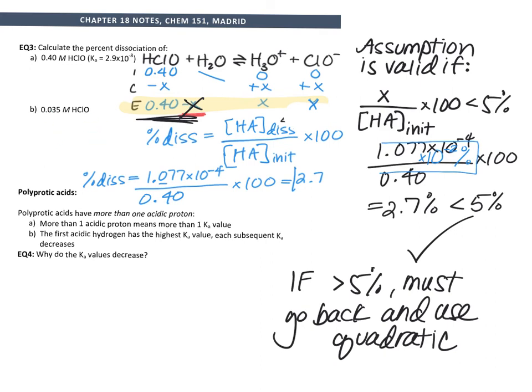So what I want you to check in this problem is solve for it and ask, does percent dissociation increase? Okay, it should increase. That means your answer should be greater than 2.7%. So I'll let you do this on your own, and you can check with me after to see if you do in fact get a higher percent dissociation.